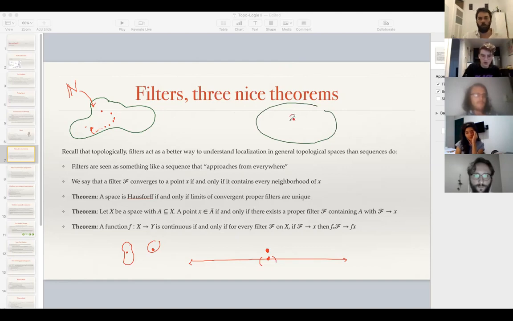Remember, a filter is a bunch of subsets rather than points. They get smaller and smaller, and you can say how they converge around this point. The simplest filter can just be the filter of all sets containing this point exactly.